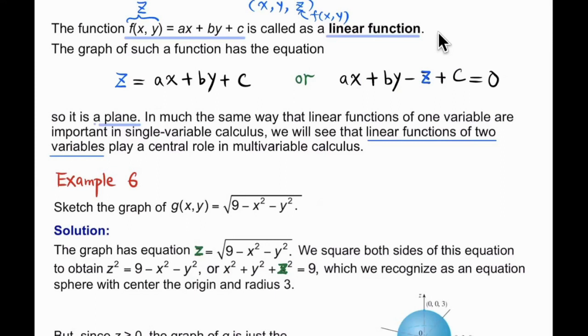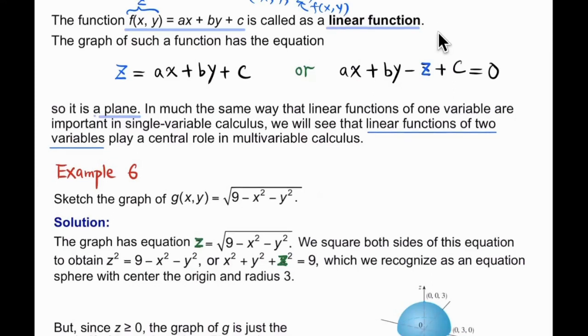The graph of this, as you recognize this already, we had that before. This is an equation of a plane where x, y, and z, the exponent here on them, will be 1. Those are equations of a plane.